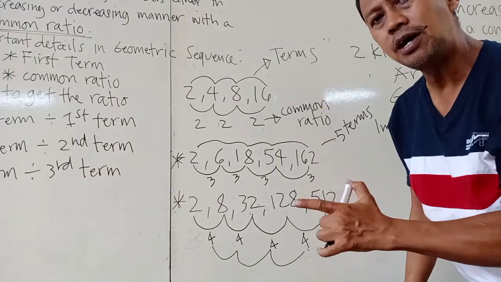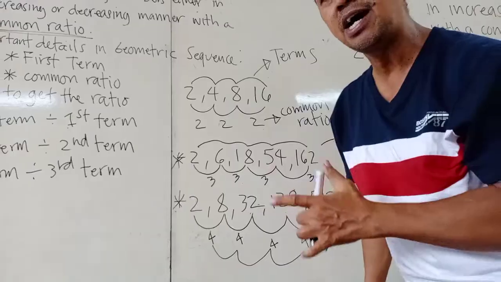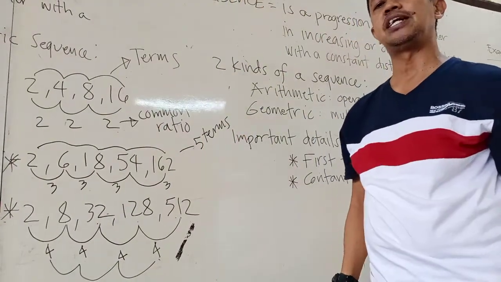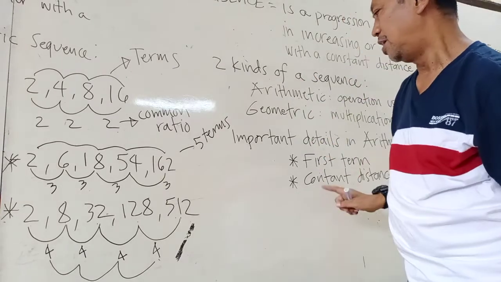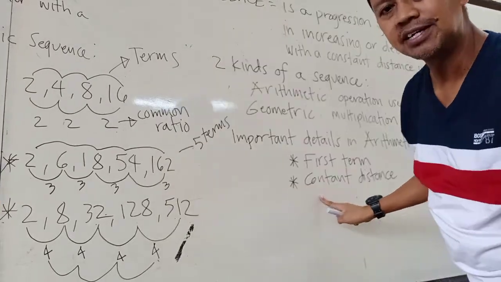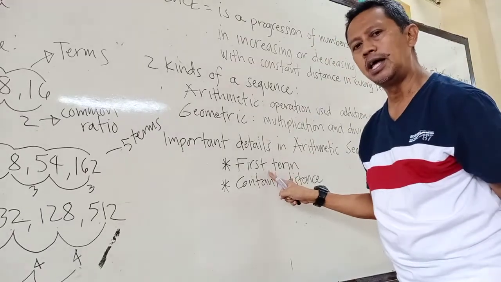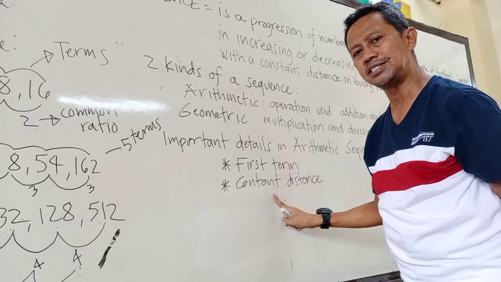So, for this now, you already have the idea of what is an arithmetic and what is a geometric sequence. But take note of this. Whenever you say arithmetic, there is the first number and the constant distance.